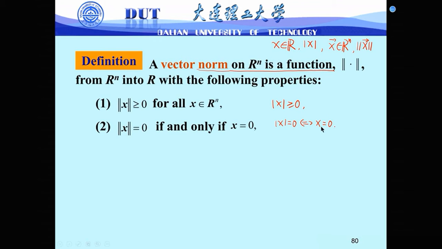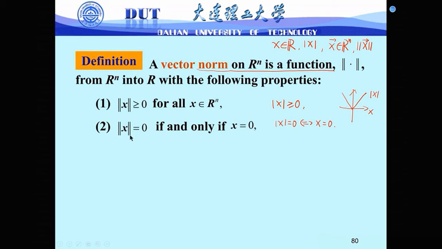In this case, x is a number, but for the norm, x means the vector. So you see this property is just like absolute value. So norm is a generalization of absolute value. Absolute value is also a function, with a figure like this.